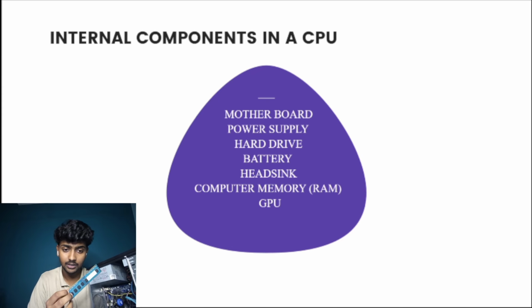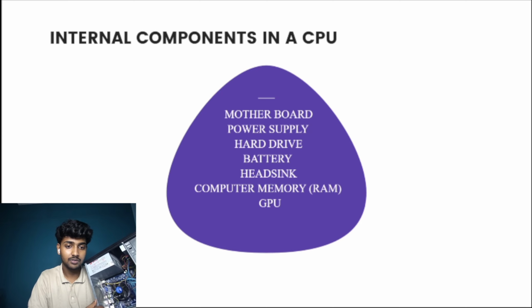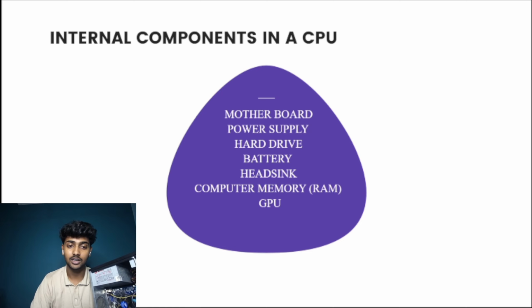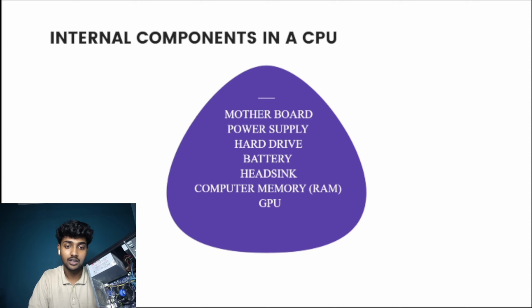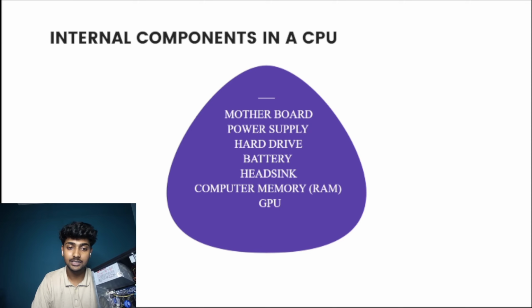And this is the computer's memory, the RAM, which usually comes in 4 GB, 16, 32, 64, and so on. The green board which you see behind is the motherboard, which handles the overall functions of the components inside the CPU. Coming to the heatsink, the fan which you see here works by emitting the heat out of the CPU for the motherboard to run smoothly and efficiently, so that you don't have any lags in your functioning.